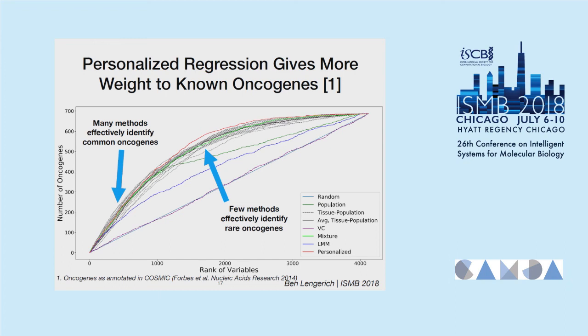That means that the common oncogenes maybe have strong effects, maybe have been studied a lot, and all methods identify them well. But as we get up to here, so this is about 1,000 total genes, 400 oncogenes selected, we see that this dark green line is the population model. So if we train a single population model, it stops identifying oncogenes any better than random after about 400 oncogenes. In contrast, our personalized model continues to select oncogenes, and we hypothesize that's because it's able to identify the oncogenes that are really only important for a couple of patients.